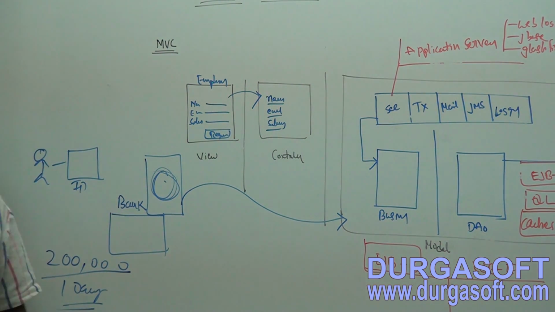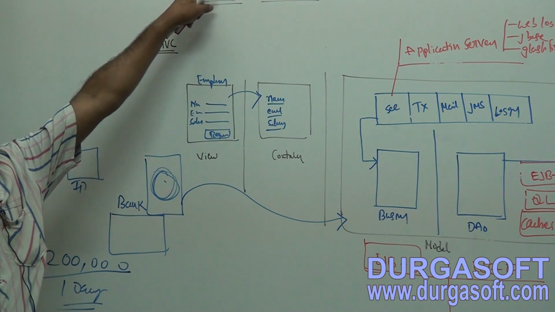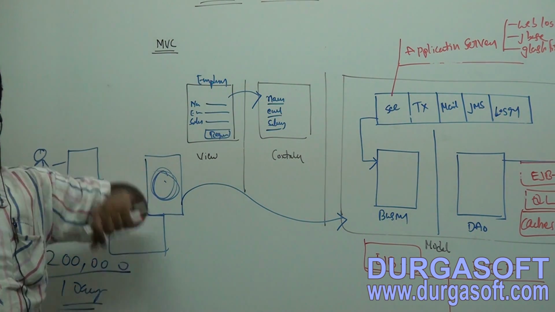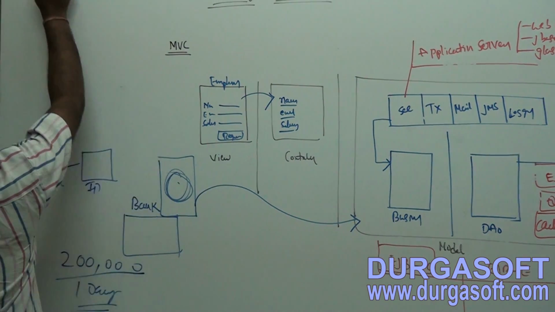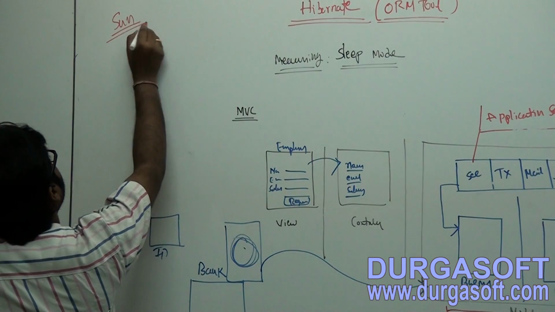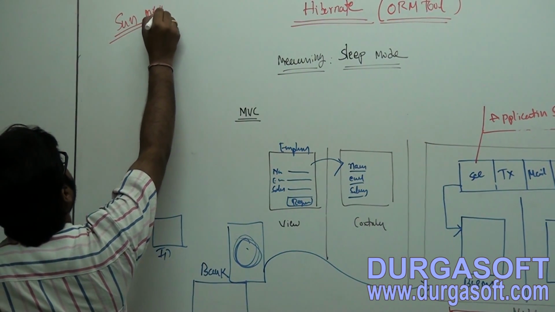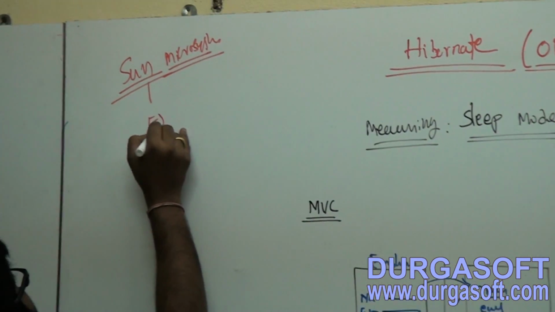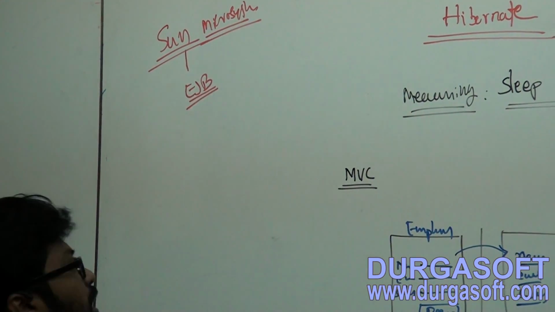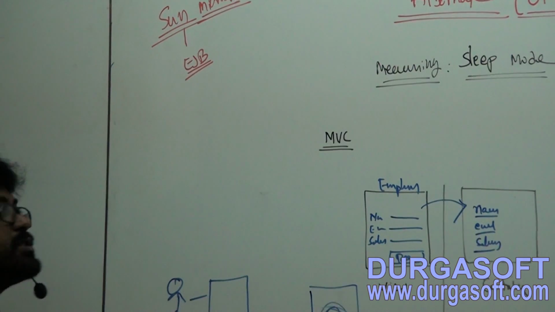Then what he did, he designed a tool. He named it Hibernate. His name is Gavin King. He is one of the EJB team developers. EJBs are from Sun Microsystems. Sun Microsystems released these EJB components in the years 1998 and 99.